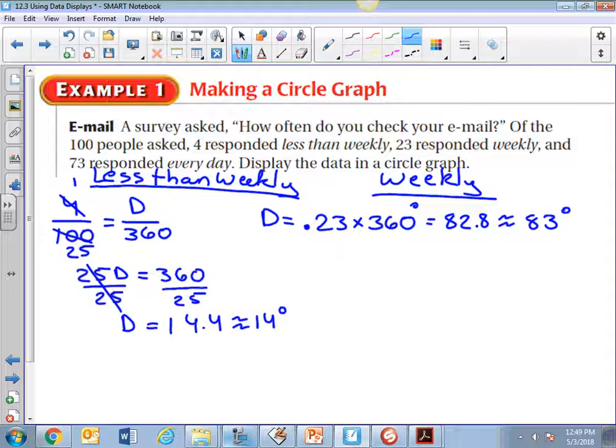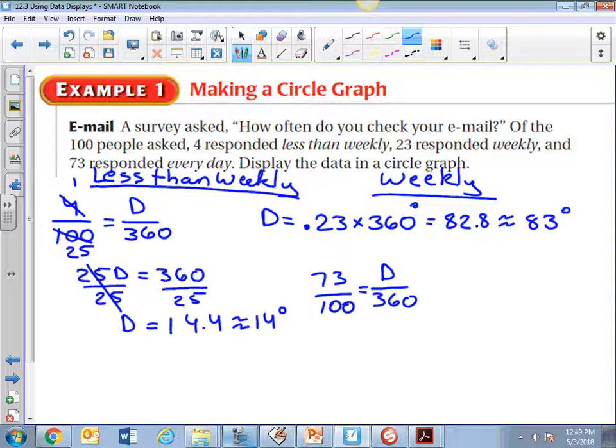Okay, and then finally we do have to do the 73. So I'll show you the proportion way one more time because that works every single time. This one works, but it's a little tougher to do if it's not exactly 100. Okay, so we're going to go 73 over 100, and then the degree over 360.